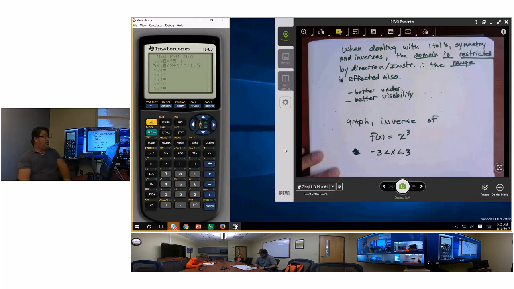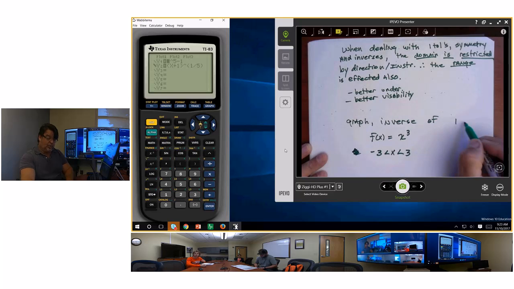And they might do it that way because all they want you to see is whether it's a one-to-one. Is it one-to-one? Does it have an inverse? And what does the graph look like?